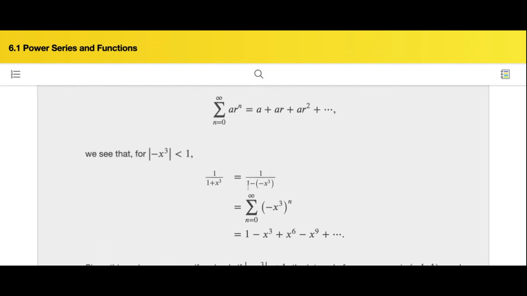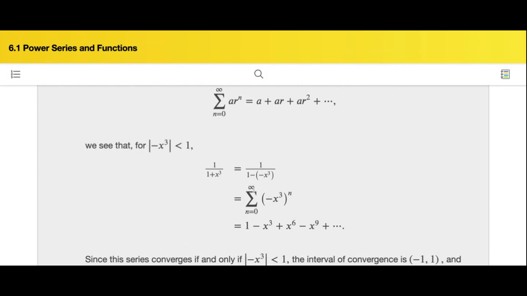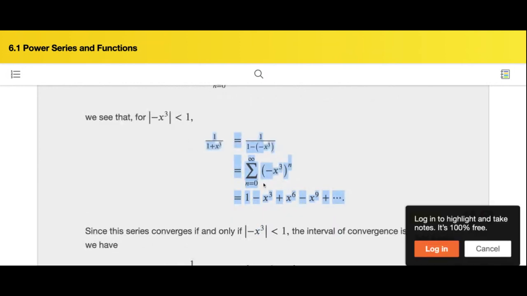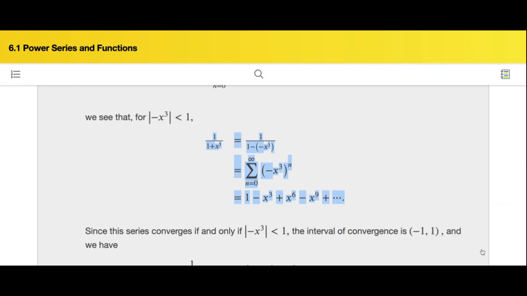And the 1 over 1 minus negative x cubed can be written as an infinite series with negative x cubed raised to n, starting with n equals 0, because when n equals 0, anything raised to 0 would be 1, because our first term is 1.